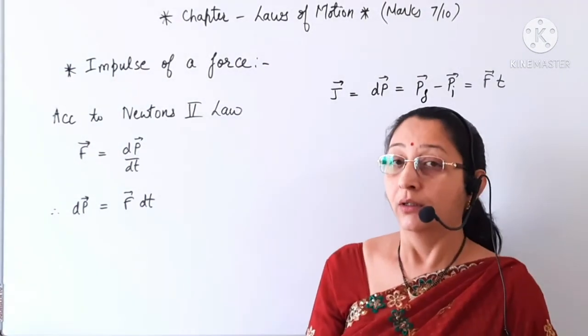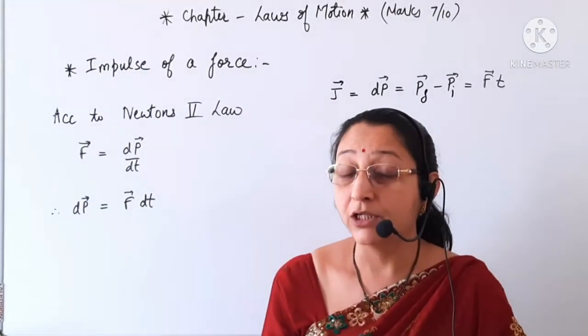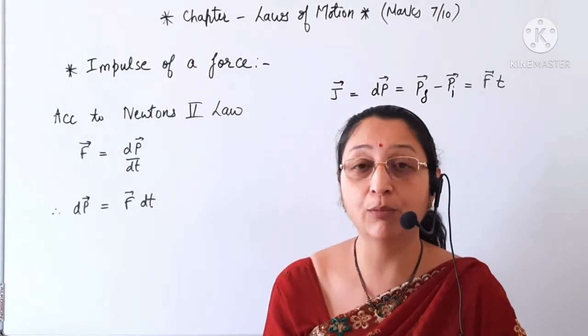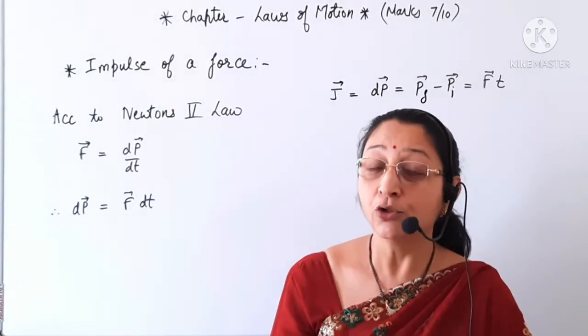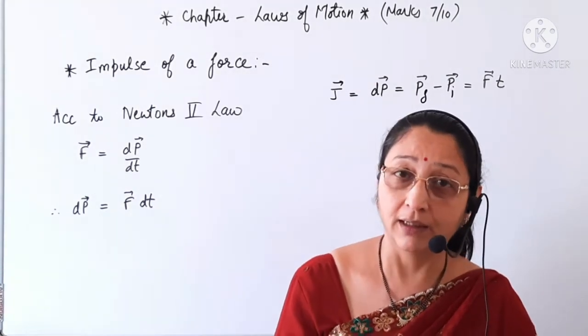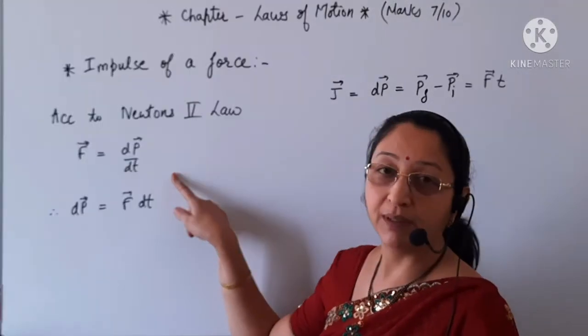According to Newton's second law of motion, the rate of change of linear momentum of a rigid body is directly proportional to the applied force and takes place in the direction of the force. When we write this statement mathematically, it is F is equal to dP by dt.